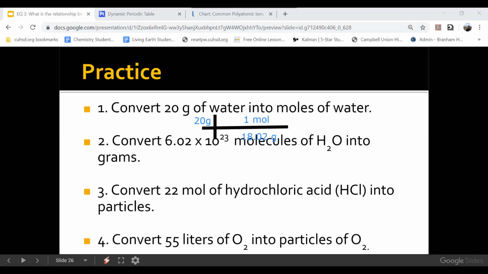The next one is basically very similar. So it's asking you to start from molecules and go to grams. So this is actually going to be a 2-step. I know my lines have not been perfectly straight all night, but I don't really like where that one's at. So we're going to start here, and we're going to start with 6.02 times 10 to the 23rd.